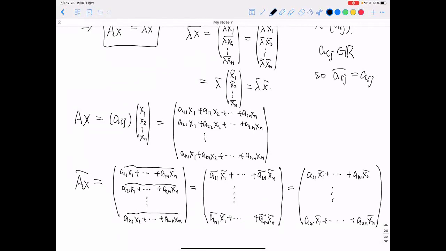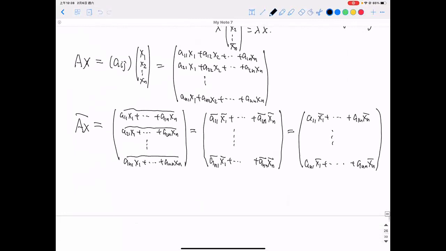All right. Now, what does this mean? If you reverse this operation, you see that this is just A times x bar.